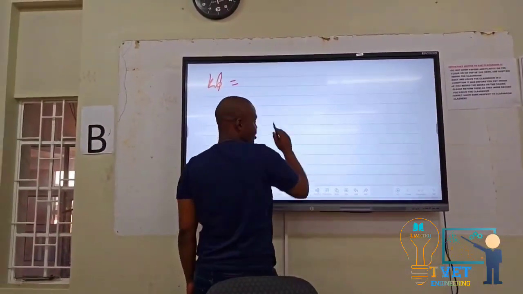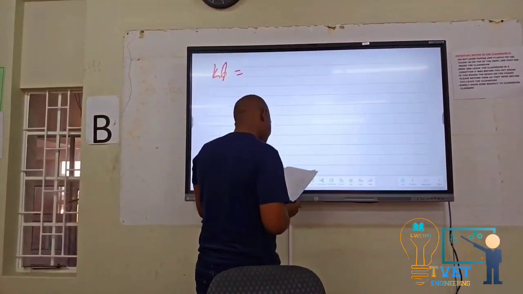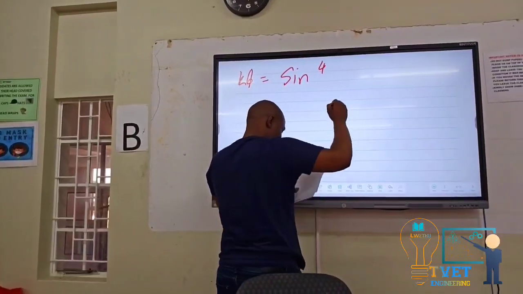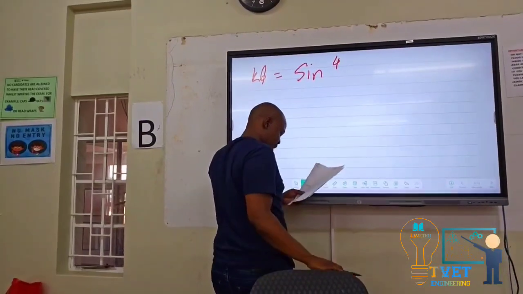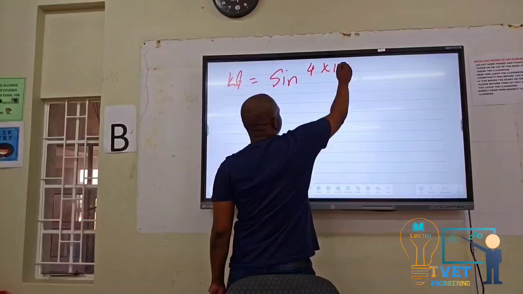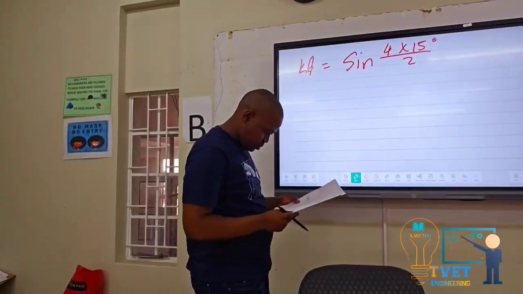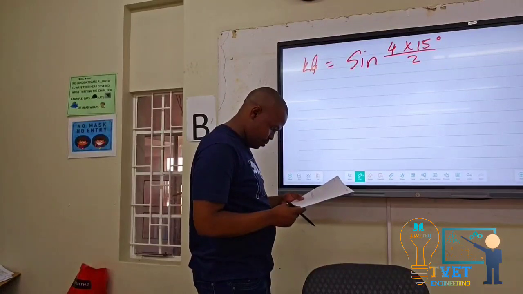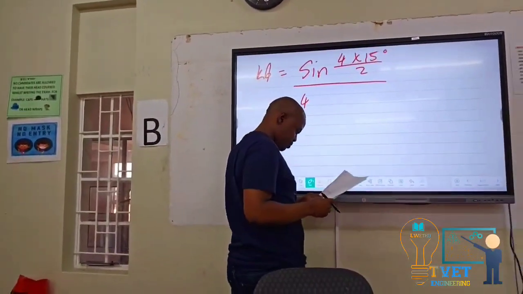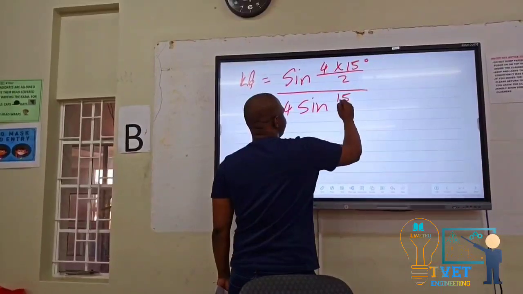It is sine of mu times alpha over 2, which is sine of 4 times 15 divided by 2, over 4 sine of 15 divided by 2.